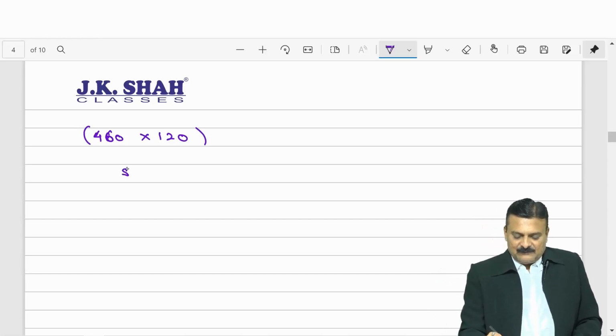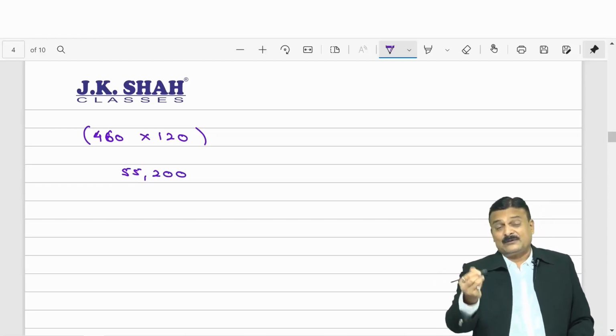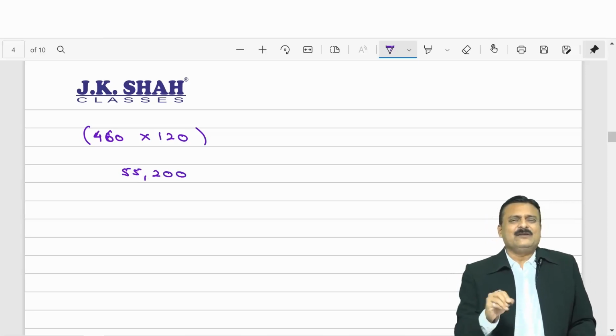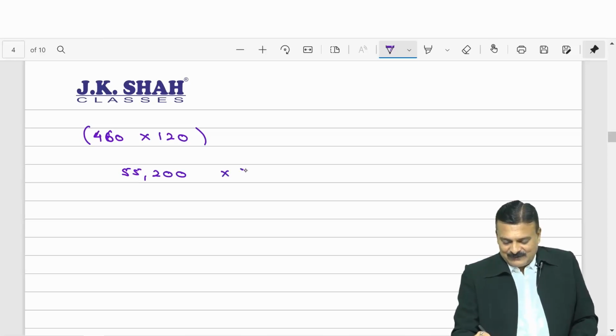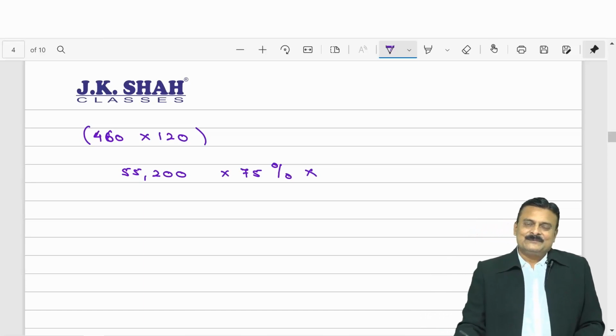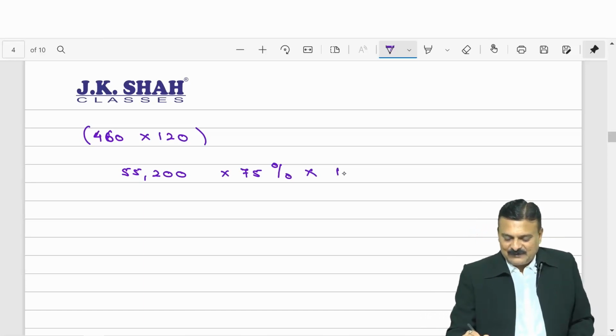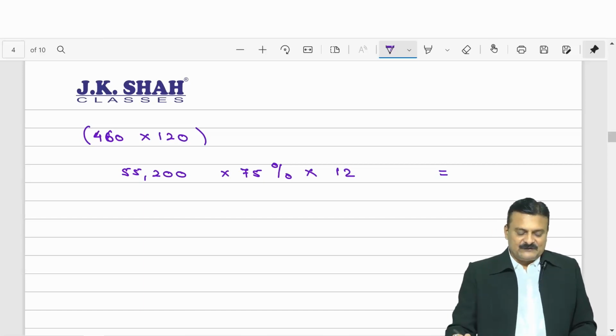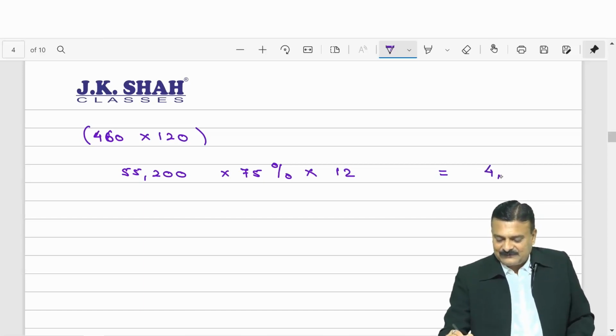So in all, our company is expecting 55,200 options. We are offering them, but 25% lapses. That means our expenditure will be the remaining 75%. So 55,200, 75%, multiplied by what is our expenditure, 12. You do this calculation, your total expense comes to 496,800.